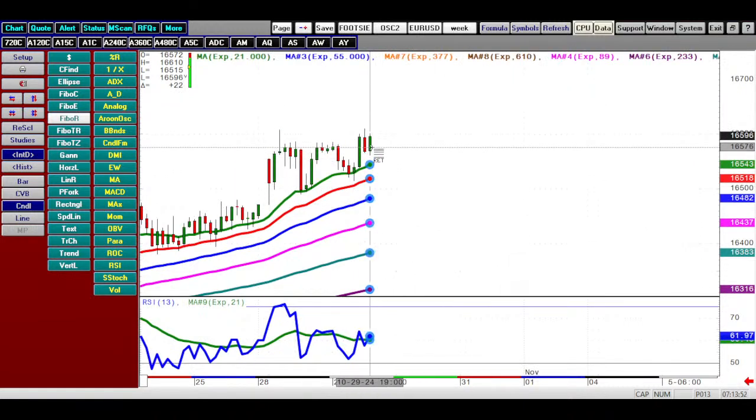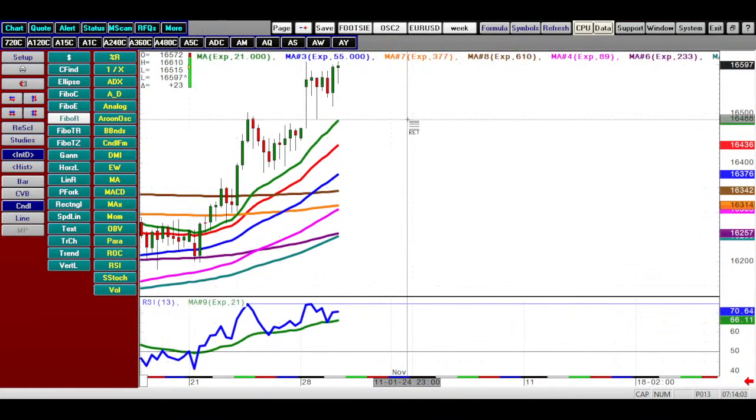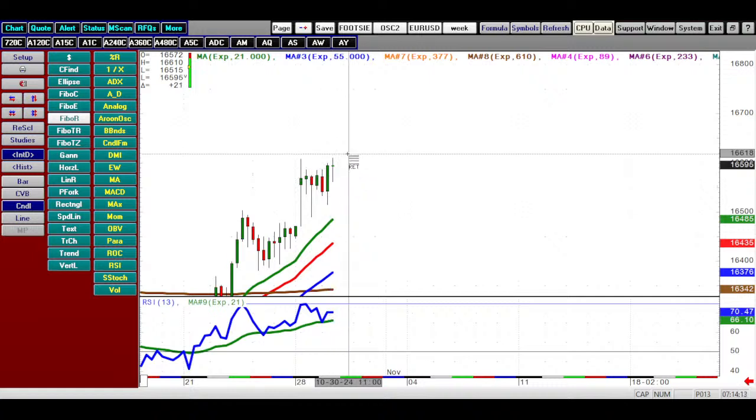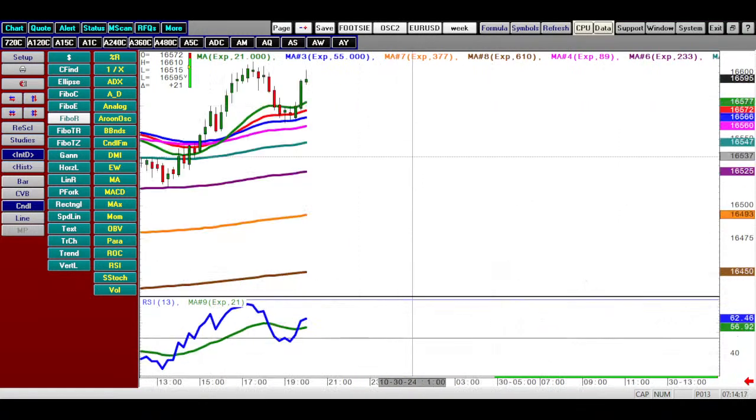Okay, 2 hours, the time control, we need to see the price, and this strength can last for another 45 minutes. Okay, 45 minutes the minimum, and if this strength continues, then we may expect until another 2 hours 45 minutes. That's the maximum.